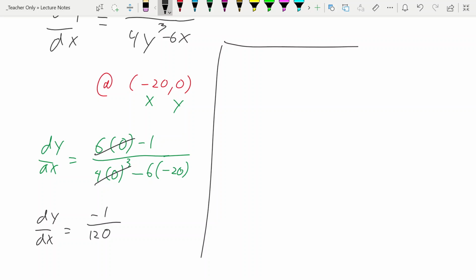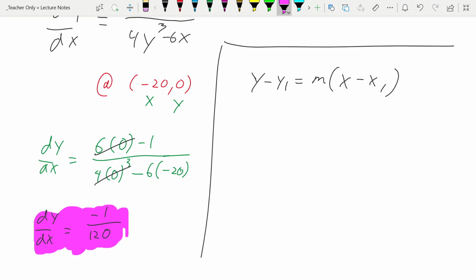So now, how do we write the equation of a tangent line? Well, how do you write the equation of any line? It's y minus y1 equals slope times x minus x1, right? Point slope form is always my recommendation. What do we need? I need a point and I need a slope. The good news, we just found the slope, and they gave us the point, negative 20 comma 0.